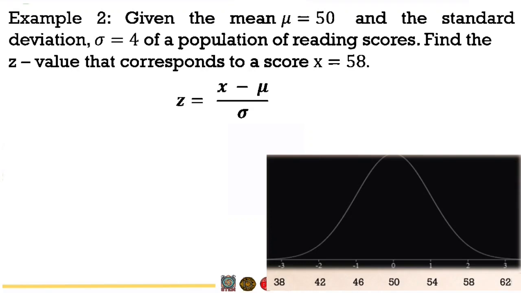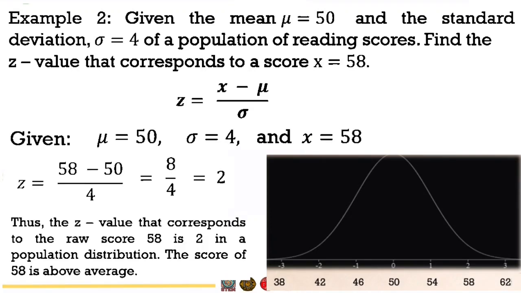The given situation is written below: 50, 54, 58, 52, 62, because the standard deviation is 4. So find the z-value that corresponds to 58. In conclusion, the z-value that corresponds to the raw score 58 is 2 in a population distribution. Therefore, the score of 58 is above average.